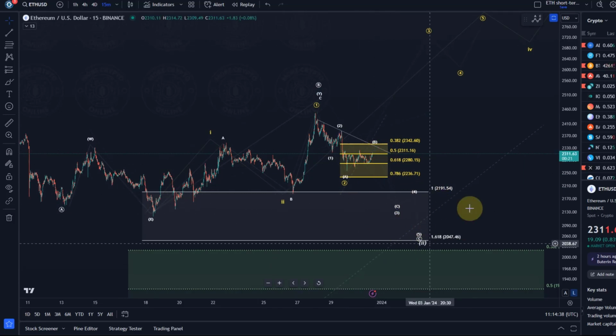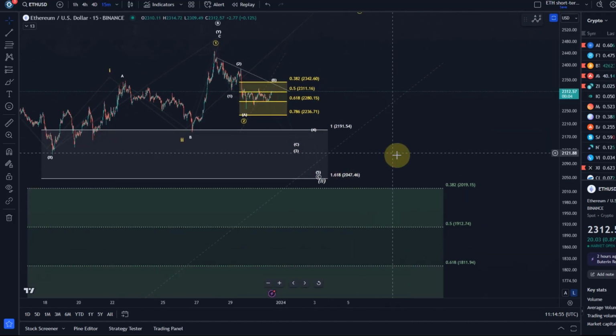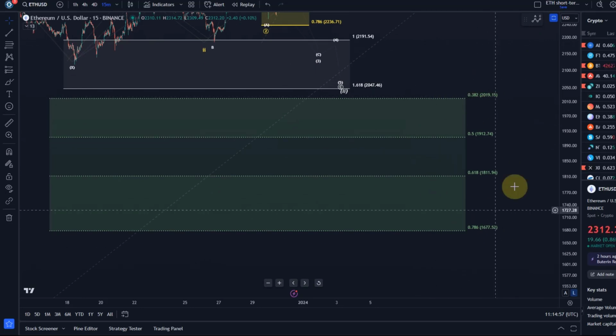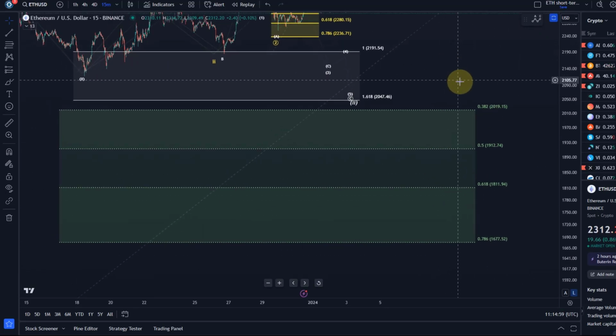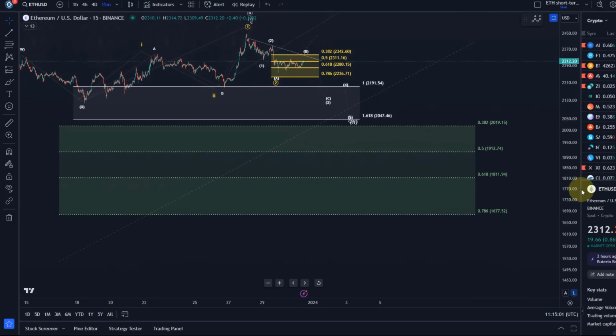But the relevant support levels that we are dealing with here are 2,236, 2,191 and 2,047. They might still move a little bit, but that is the first main support area here for the white wave count. And then, if 2,047 doesn't hold, we still have the main green support area just below it, but I'm unsure if the price will even get there.